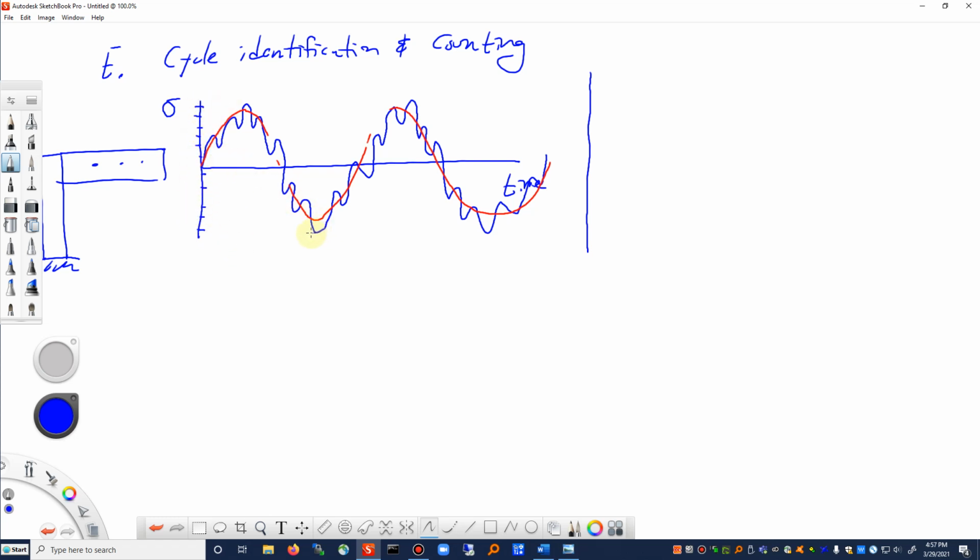The level crossing says, okay, I'm going to put a mark in my column every time that my load history exceeds a certain value. There's a difference between what we call cumulative level crossings or just level crossing data. Let's think of this as cumulative level crossings in this case.